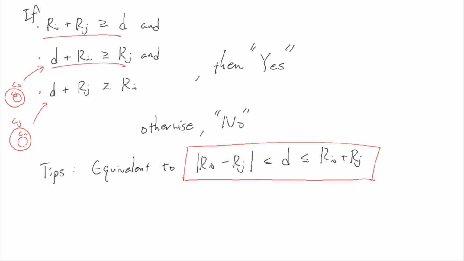So you have to add this condition. And if these conditions are all satisfied, then these two circles really intersect each other. But otherwise, two circles don't intersect each other.